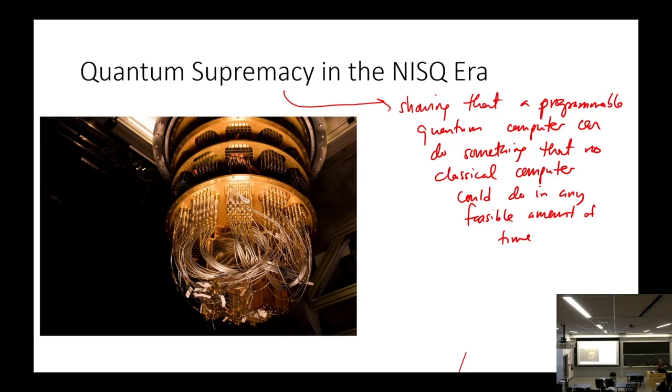There's also been a claim in 2020 by a Chinese team out of the University of Science and Technology in China. They were using a photonic quantum computer, so very different looking than Google's quantum computer. And they were able to show that they could do Gaussian boson sampling with 76 photons.